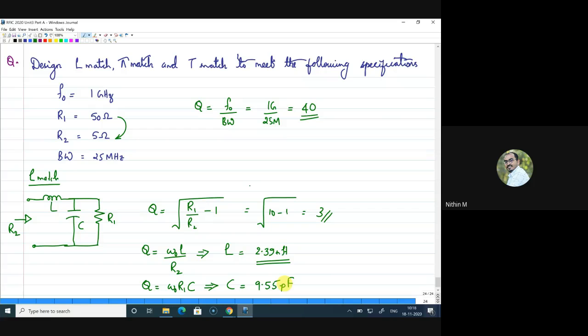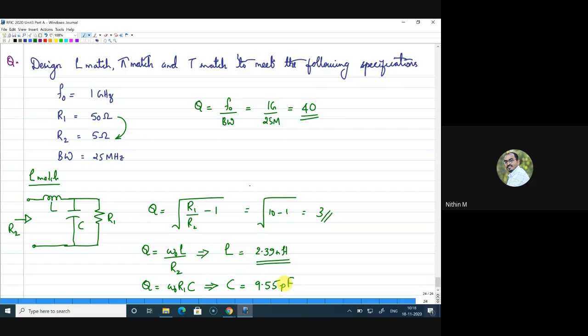That has to be dealt with in detail, so I'll comment like this and leave it as of now, because we will not be doing much on passive component integration on an IC. That is a more extensive study. So in this case, 2.39 nano and a capacitance of 9.55 is quite okay. But again, this L match cannot provide the desired specifications. That is the point I want to make here.